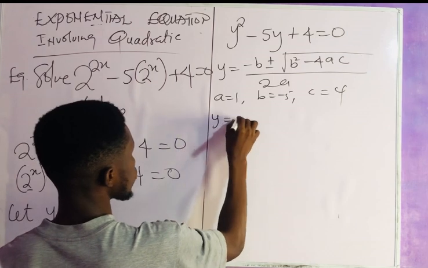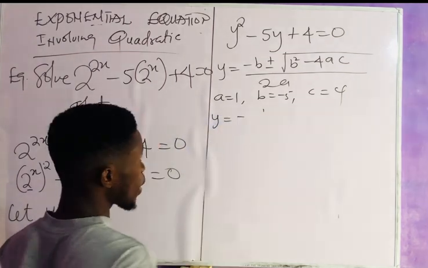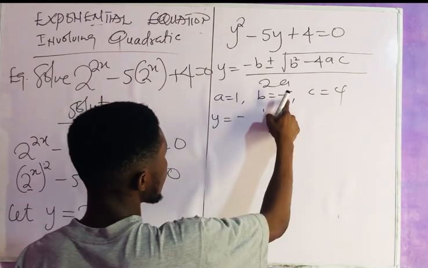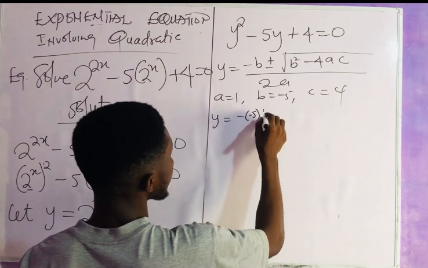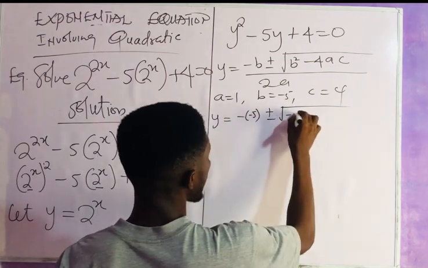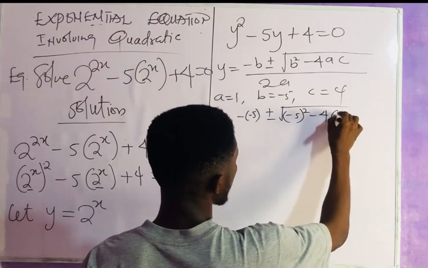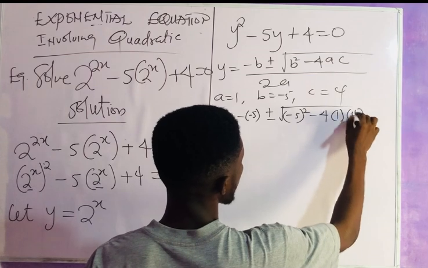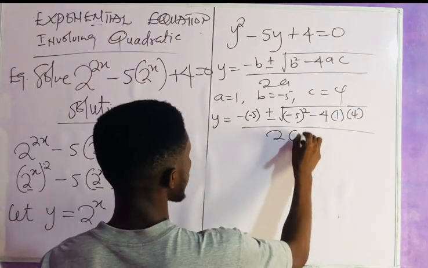So y is equal to minus b, but already my b is what? -5, plus or minus the square root of b squared minus 4 multiplied by 1 times 4, all divided by 2 multiplied by a, which is 1.